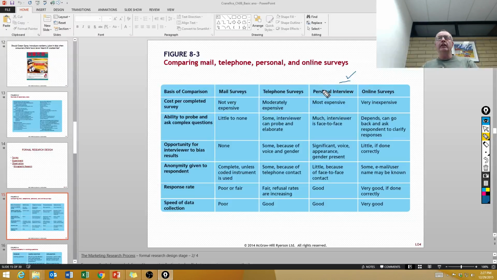So we can undertake personal interviews, or face-to-face interviews. An obvious advantage of using face-to-face interviews is that the interviewer has the opportunity to ask clarifying and probing questions.